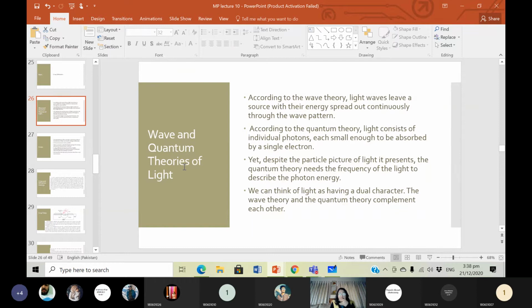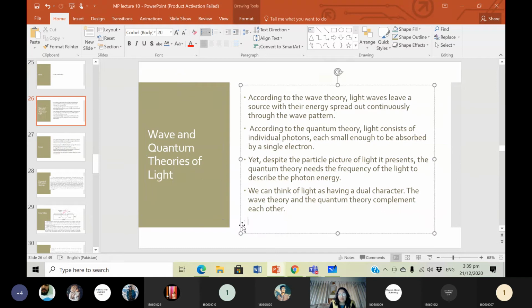The quantum theory of light is basically that light is quantized, in the sense that photons have quanta of energy, wave energy packets. So the quantum theory is more like the particle theory of light. The wave theory of light is the opposite, okay?